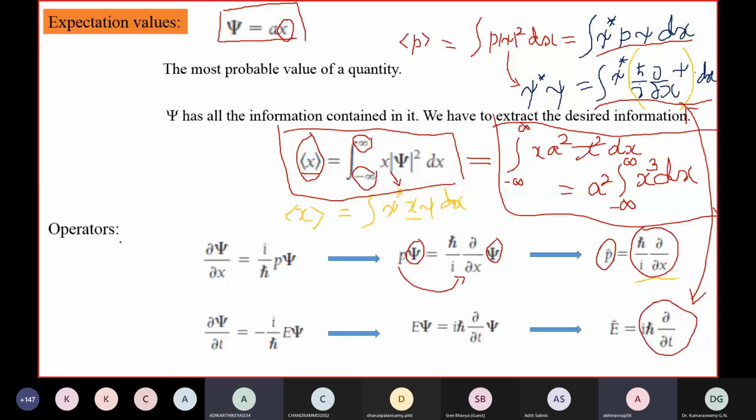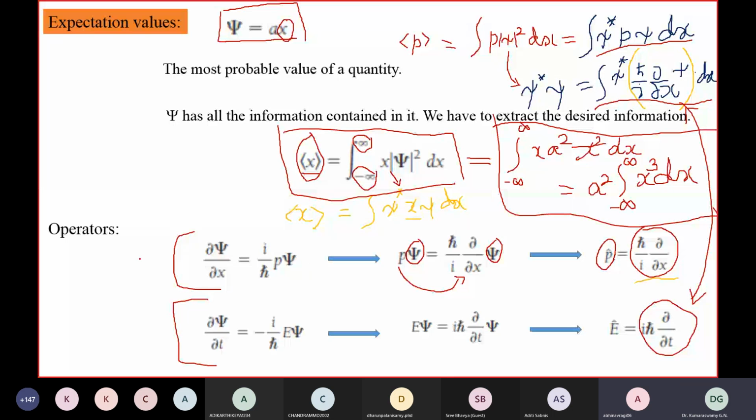Sir, how are these operators derived? I told you, the derivation is here. This is the derivation for how the sign is, dou psi by dou x equals to i. That is the first equation. This we got when we were evaluating the Schrodinger's equation. Did you forget last class?